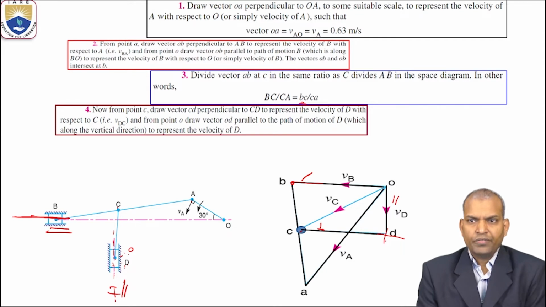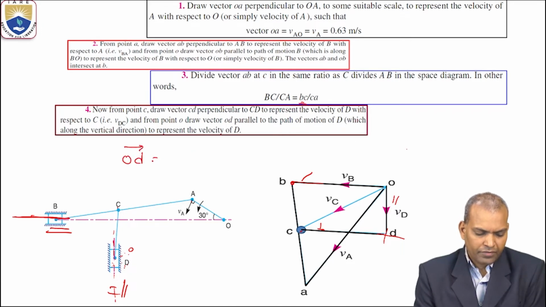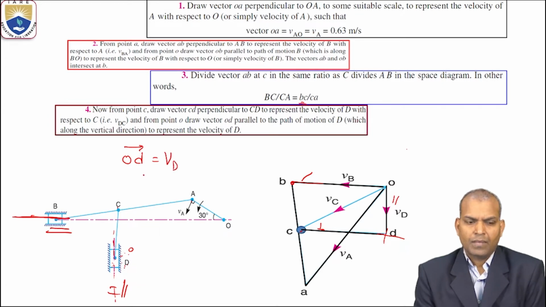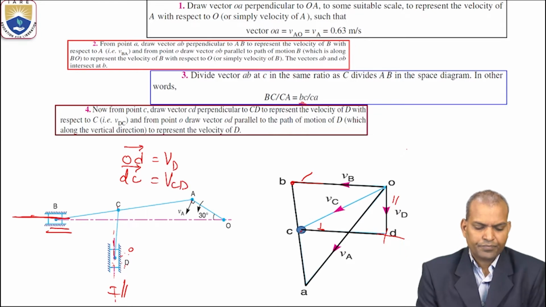The OD vector gives the velocity of D, and the CD or DC vector gives the velocity of CD.